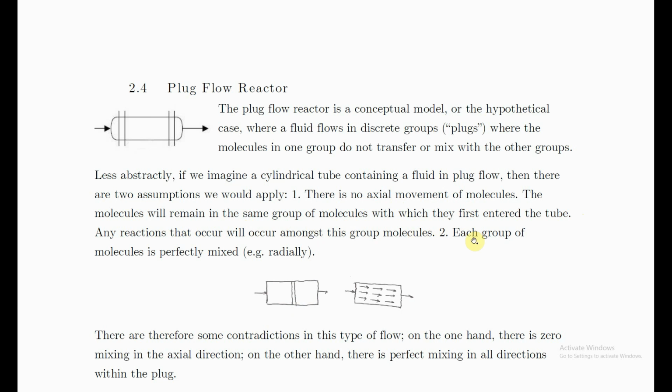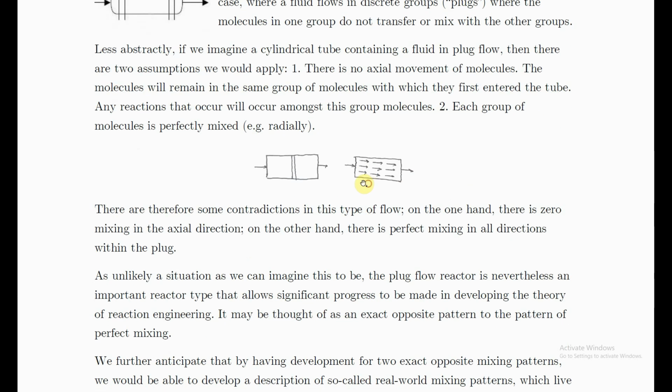And then on the other hand, each group of molecules is perfectly mixed. So in this plug, in this group, every molecule is perfectly mixed. So for example, radially, if this is a tube, then radially these things are perfectly mixed. So they're not mixed in this direction, but they are mixed in this direction. And so, well, that's what we just said.